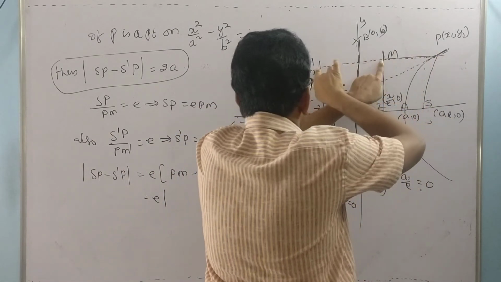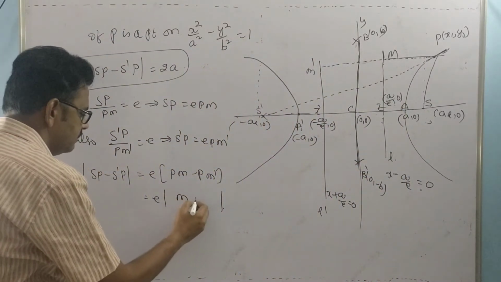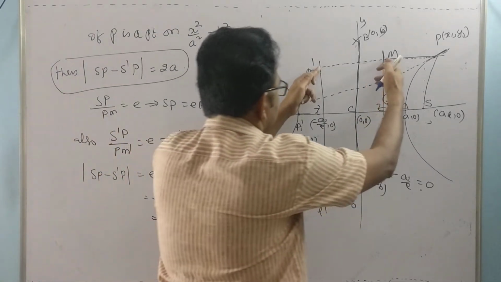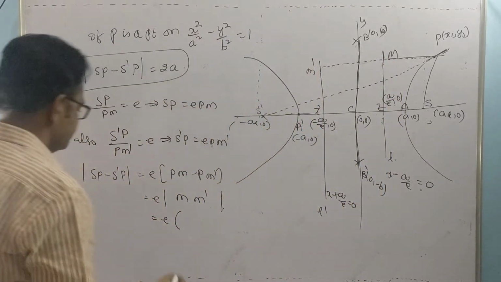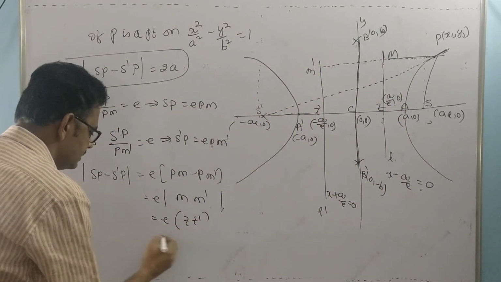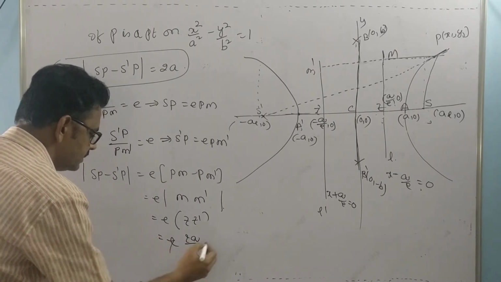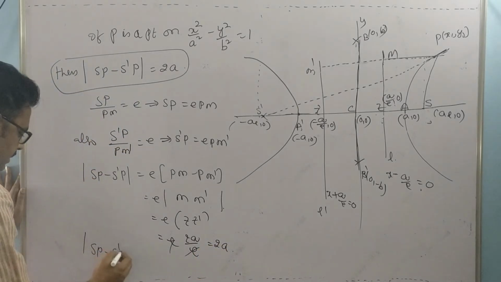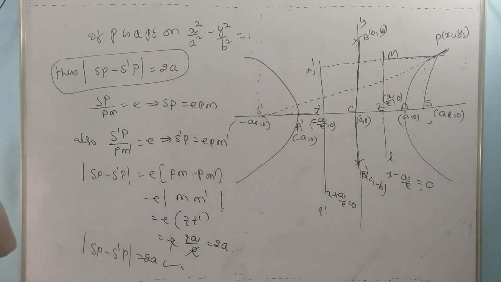PM minus PM dash is nothing but MM dash, and MM dash is nothing but ZZ dash. So it is e into ZZ dash, and ZZ dash is 2a by e. These two cancel, that is 2a. Therefore mod of SP minus S dash P is equal to 2a, which is the length of the transverse axis.